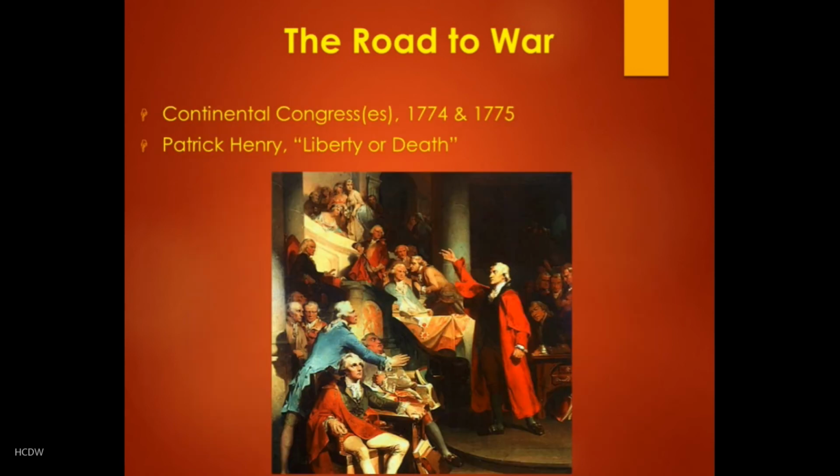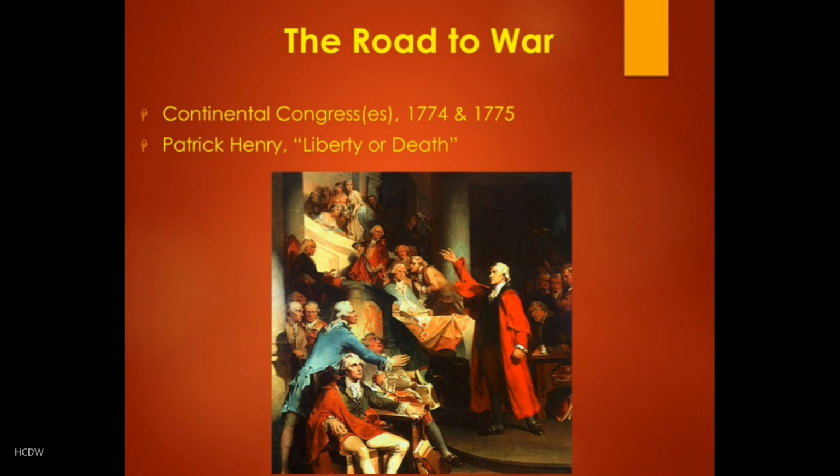In response to the Intolerable Acts, colonial leaders called for the First Continental Congress, which was held in September of 1774. There, the colonists asserted that Parliament had no authority in the colonies. Now, at that point, they continued to declare their loyalty to England, but to the Crown in England, not to Parliament.